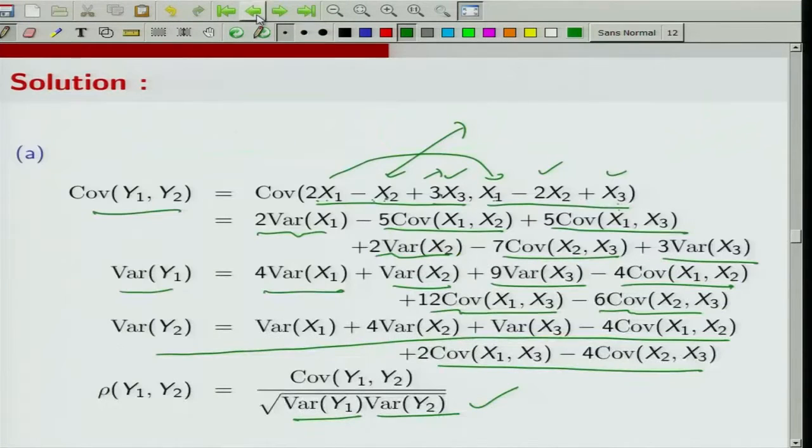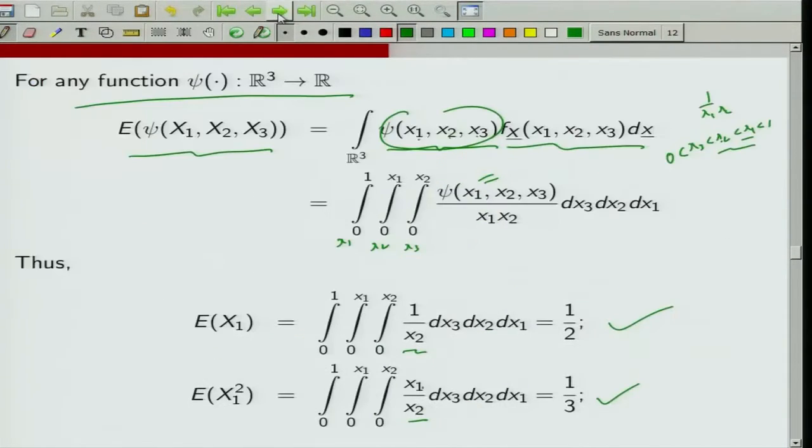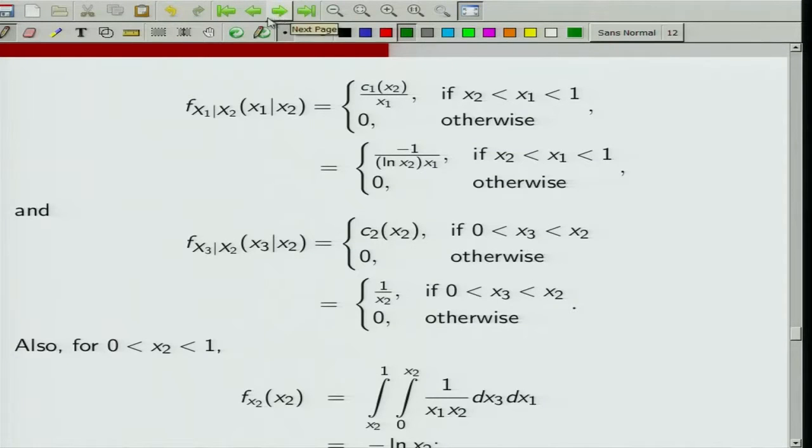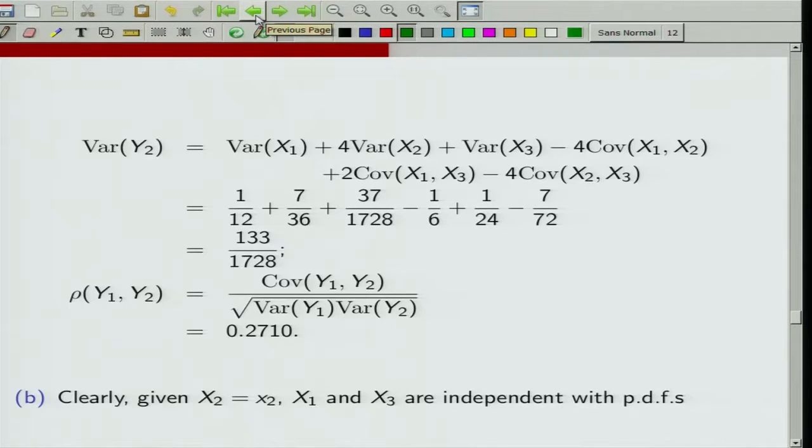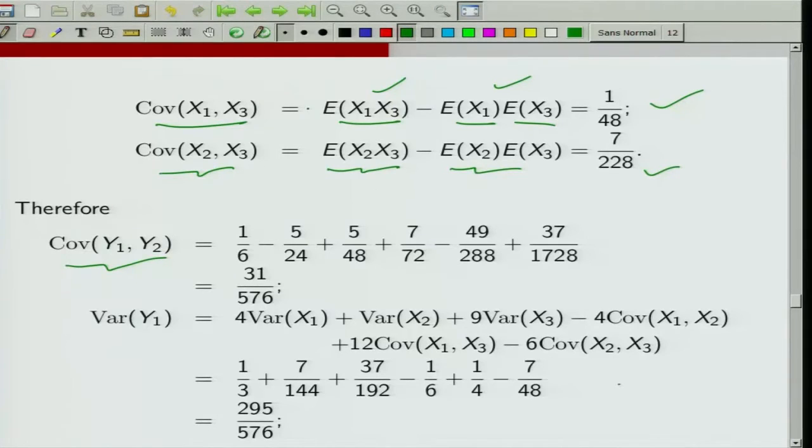So, this is over here; it will involve covariance of the xi's. Similarly, variance of y1 will involve covariance of the xi's, and variance of y2 would involve covariance of the xi's. So, if you put all those values through simple algebra, you get the covariance between y1 and y2 as 31 upon 576.